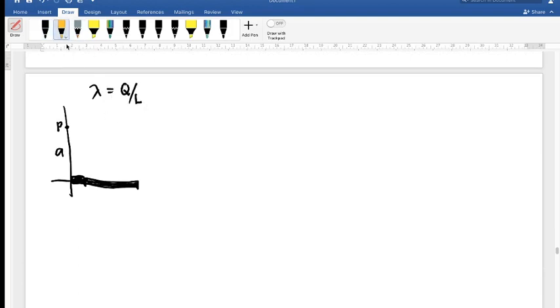Now, just like what we did with the electric field, we have to find a small dq here on the line charge.